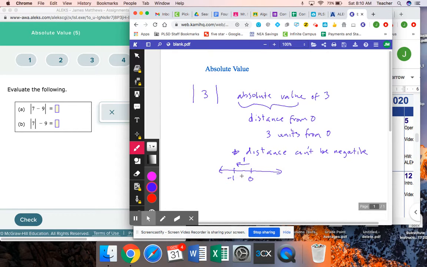I end up at a spot called -1, but the negative just means the direction, right? I could go 1 unit this way, and I end up at a place called +1, but that's again based on the direction, right? So even though I can have a -1, if I took the absolute value of 1, I could go 1 unit this way and 1 unit that way because it's all about the distance.